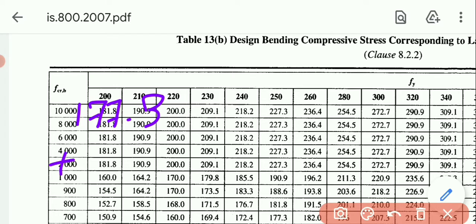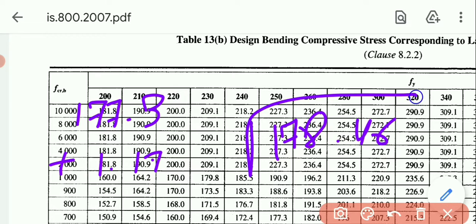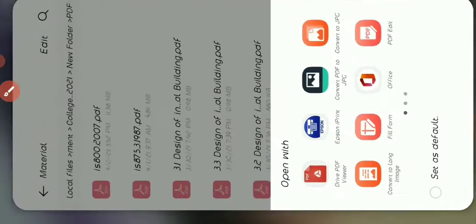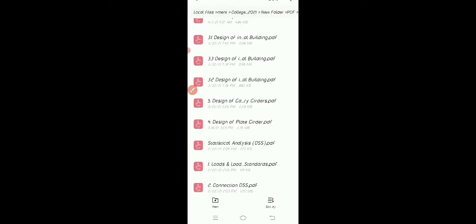177.3 plus 1.17. So ultimately the total answer is 178.47 Newton per mm square. So by the interpolation method we can easily get this value.